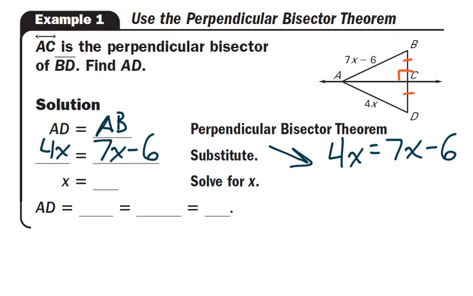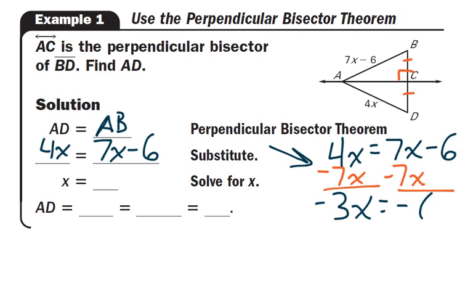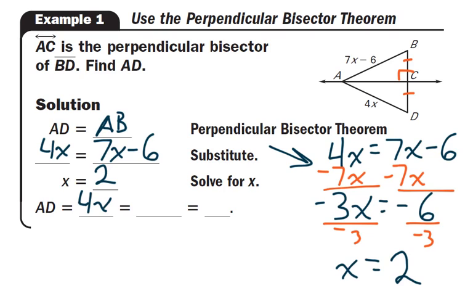Okay, so solving for x, subtract 7x from both sides, and we get negative 3x equals negative 6. Divide both sides by negative 3, and we end up with x equals positive 2. Watch your signs here. So AD is 4x units long.